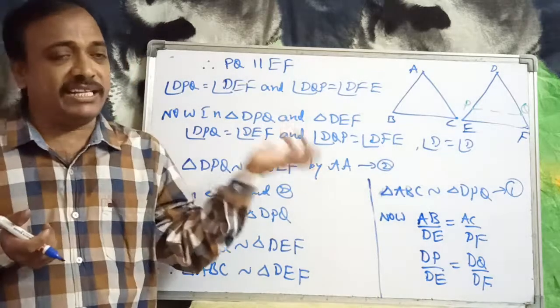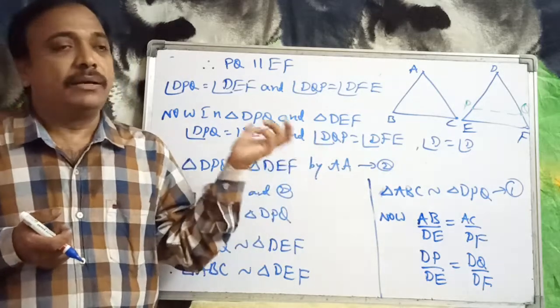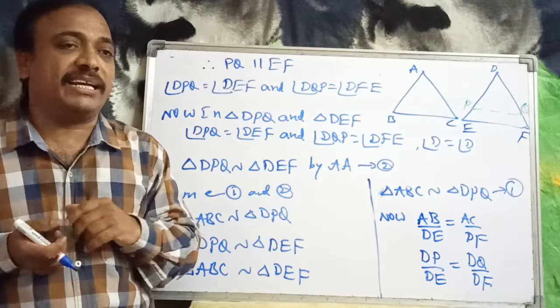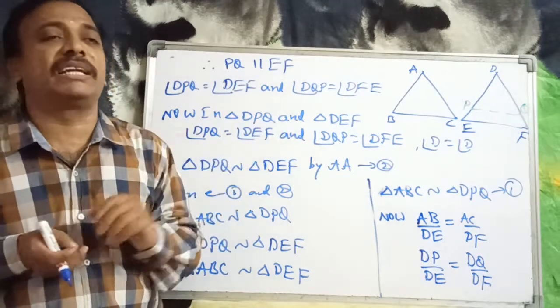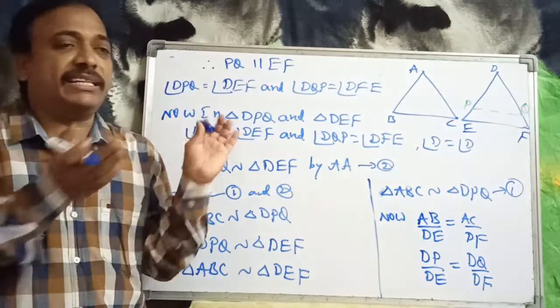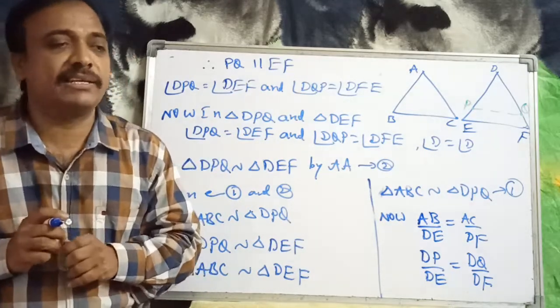So these three theorems which we discussed, that is AA similarity in the previous session, and now SSS similarity and SAS similarity, we will see the application of these theorems. Let us discuss in the next session.